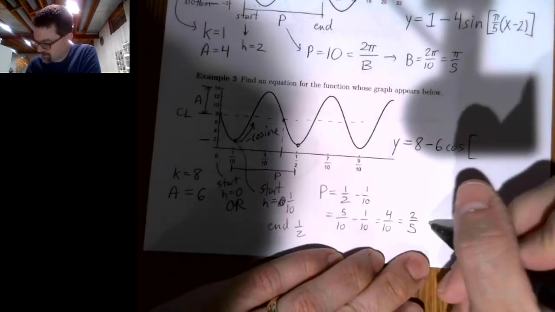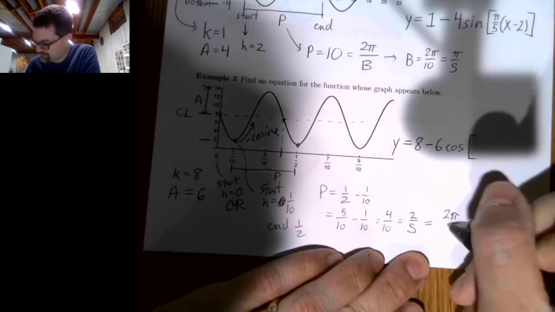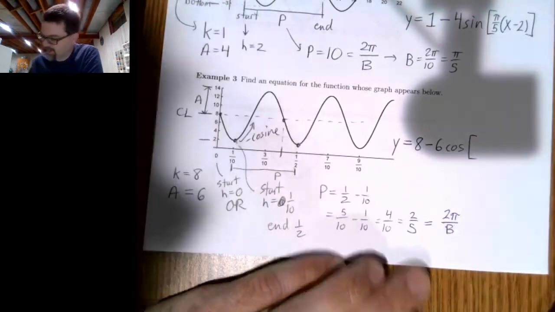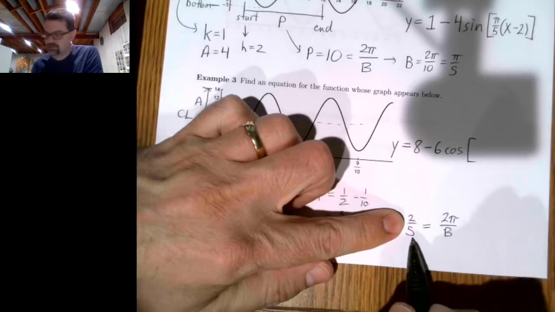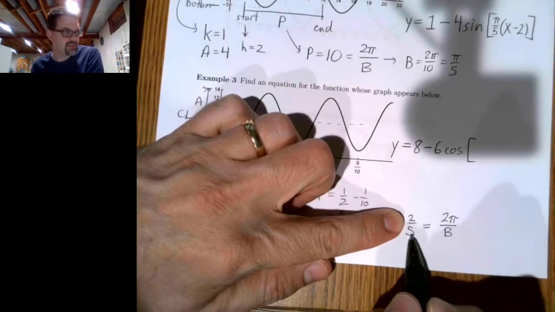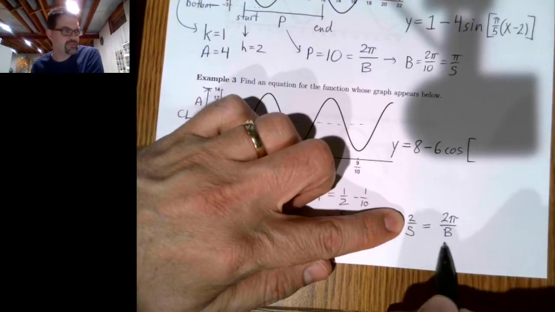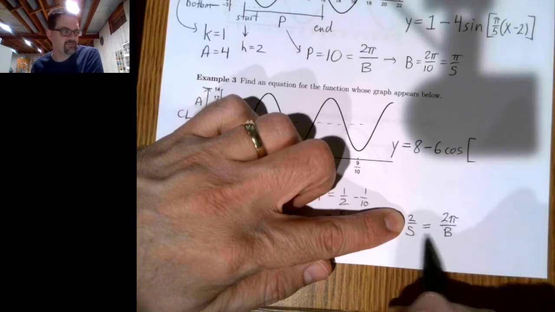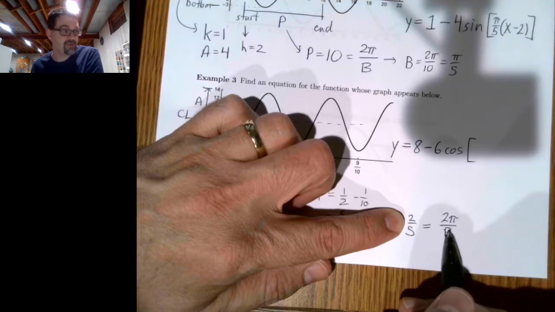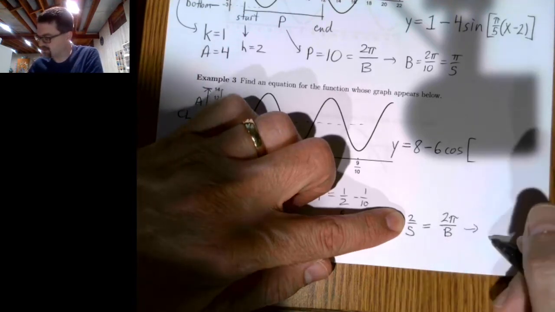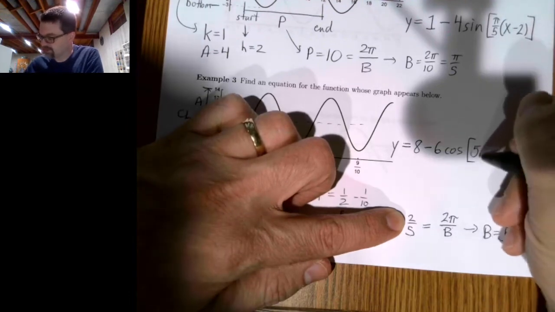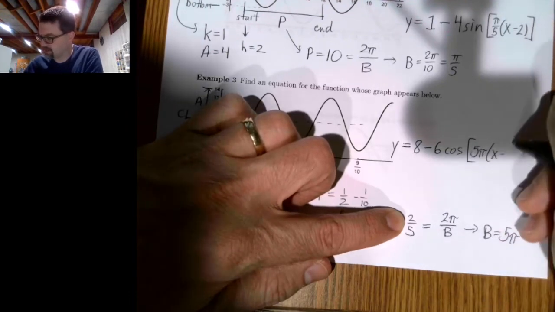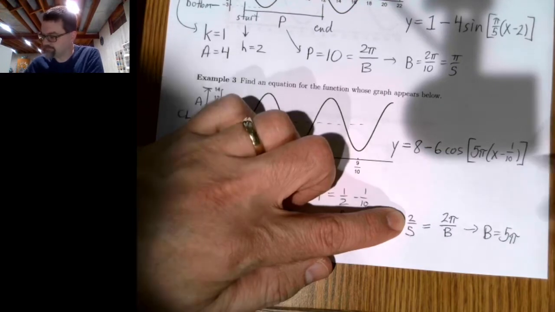Period is 2/5, but remember that comes from 2 pi over b. We didn't figure out what b is yet. So we need b to be something that gives us 2/5 when we plug it in here. Clearly b has to have a 5 to make the 5 show up, and it needs to have a pi to cancel the pi. So in fact this gives us b equals 5 pi. So 5 pi and x minus 1/10.